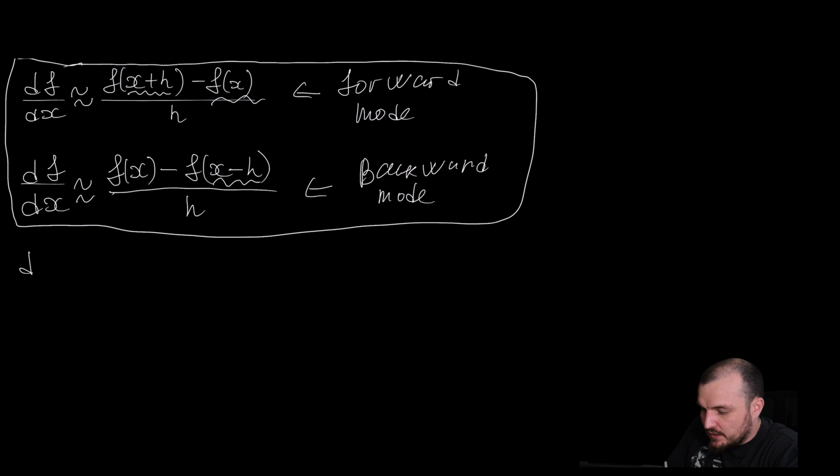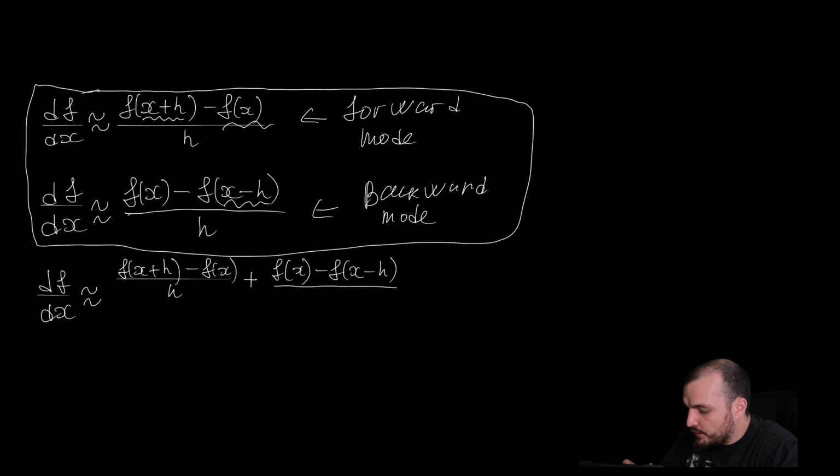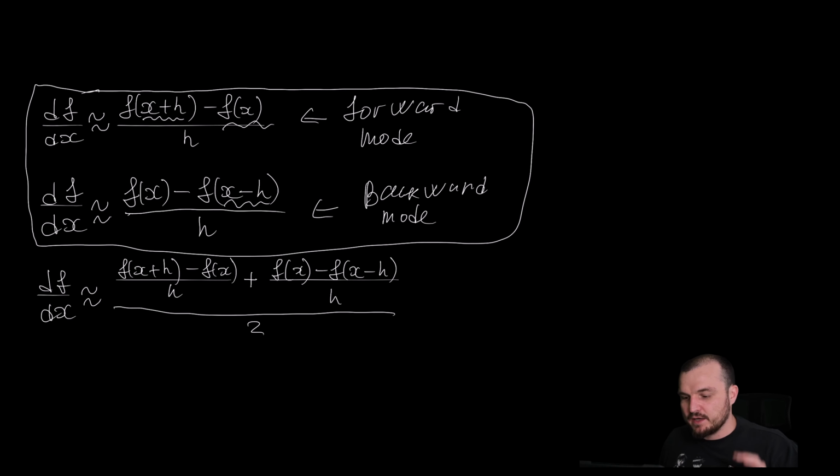So let me write it down. df with respect to x approximately equals f of x plus h minus f of x over h plus f of x minus f of x minus h over h, and everything we just divide by 2 because we wanted to find an average.